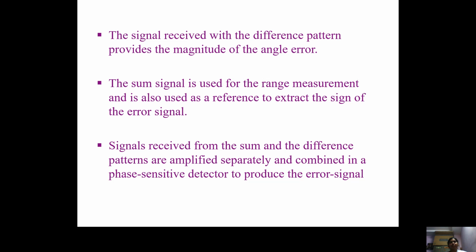Signals received from the sum and difference patterns are amplified separately and combined in the phase sensitive detector to produce the error signal. Whenever the echo signal is received, they are separately amplified in the IF amplifier. The function of the IF, intermediate frequency, amplifier is to bring their frequencies down to a moderate value, an intermediate frequency value.